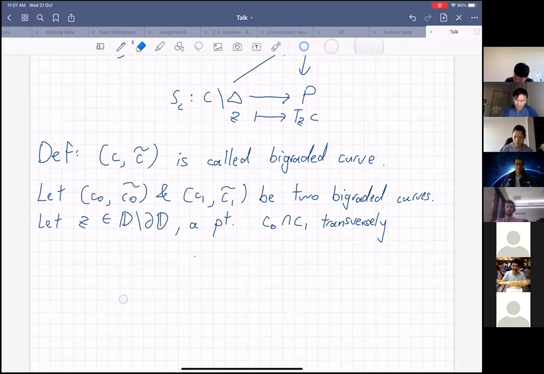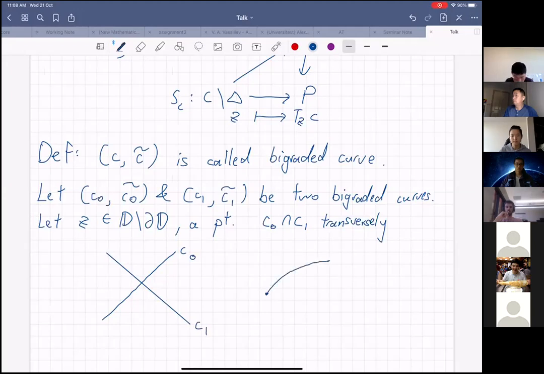So let's draw this. So this is C0, this is C1, or they intersect at a puncture. So C1, C0. So these are Z, these are Z. Okay, two cases.